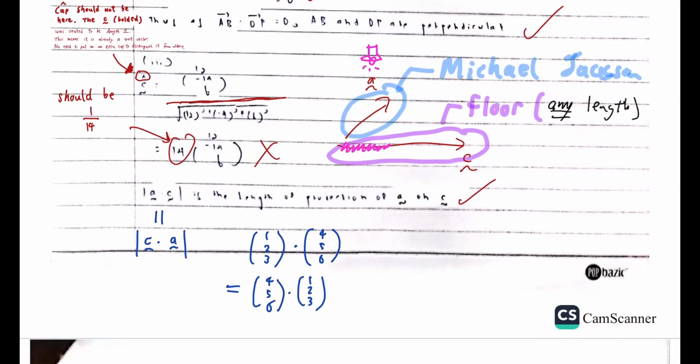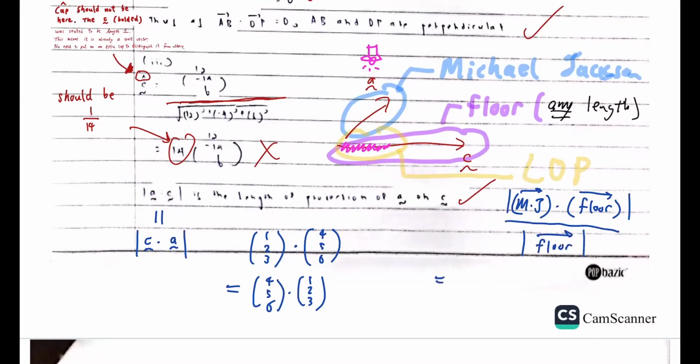Then when you're trying to find the length of projection over here, this is what I call LOP, length of projection. It will always be the Michael Jackson dot product with the floor vector, modulus, then divide by the floor. Which means that you will have Michael Jackson dot product with the unit vector, the unit floor.